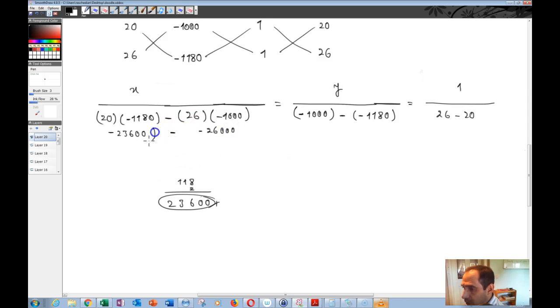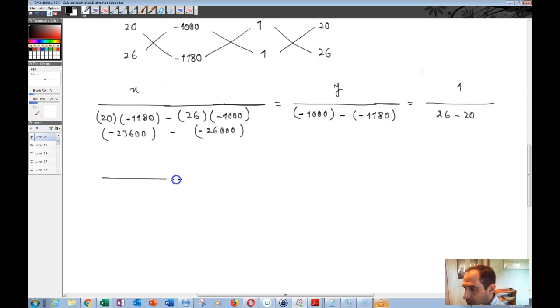And over here what you have is negative 1000 minus negative 1180. So we will do this in the next step.